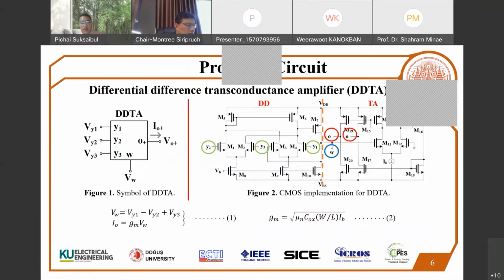The DDTA has the symbol shown in figure 1.